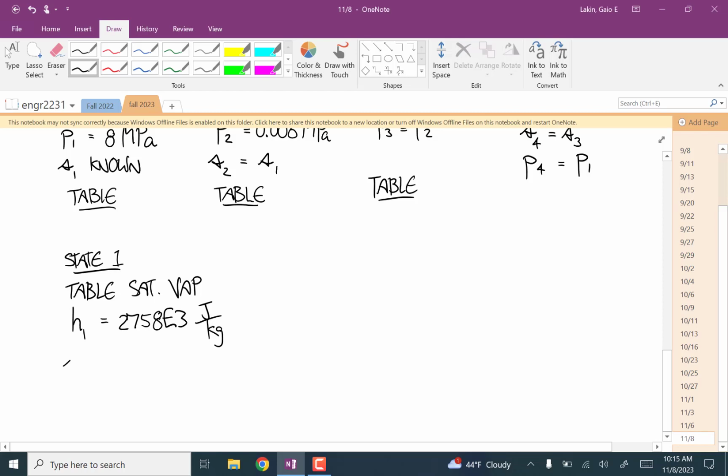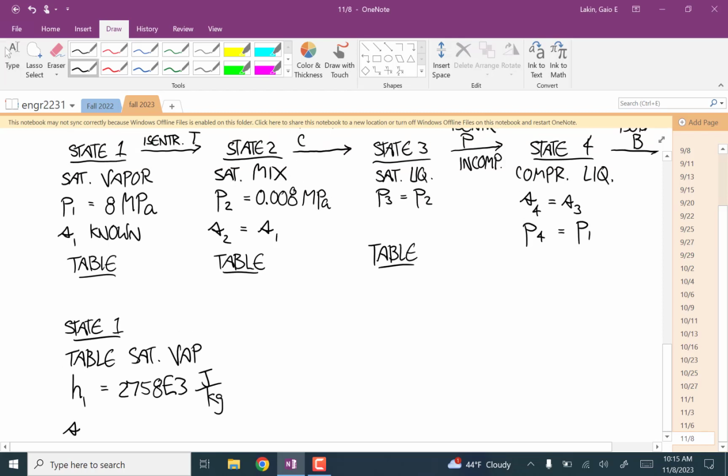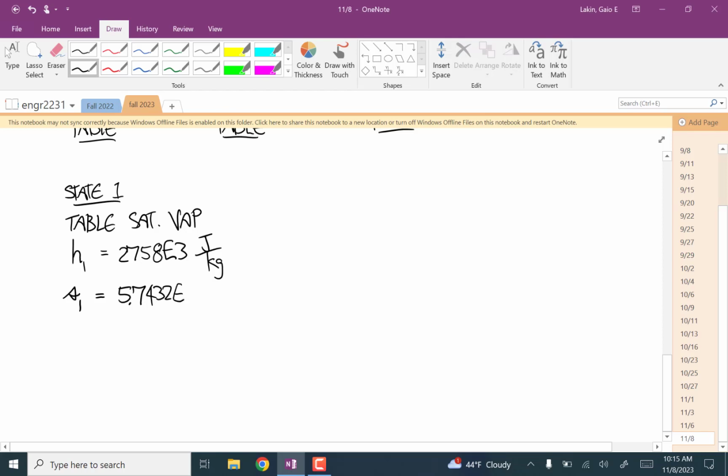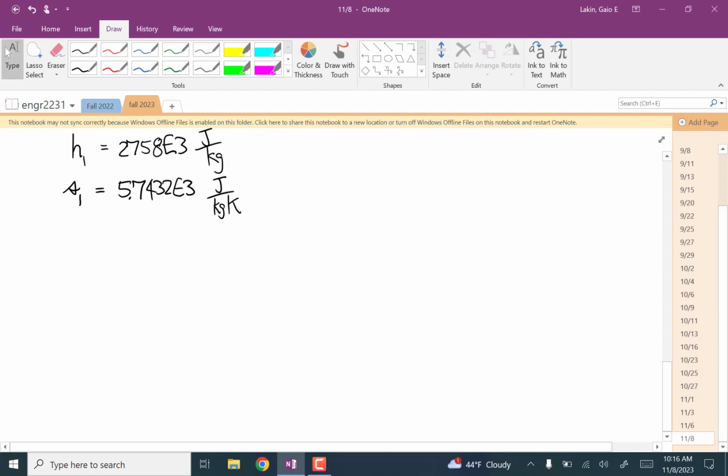And since you can see that these entropies are going to be important, we might as well look up the specific entropy here too. So 5.7432 times 10 to the third joules per kilogram Kelvin. And now we'll go down to state 2.